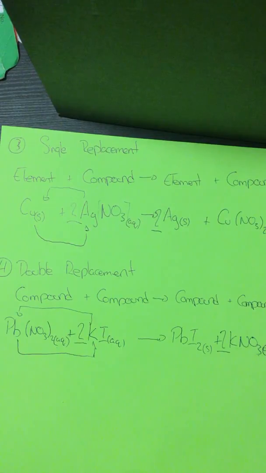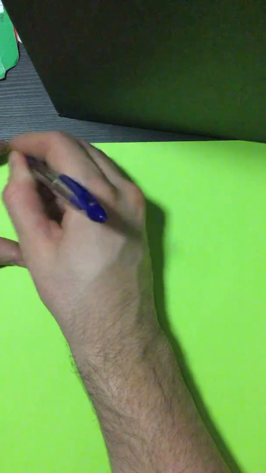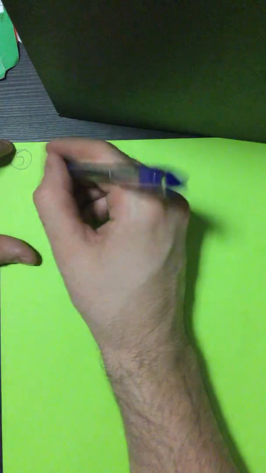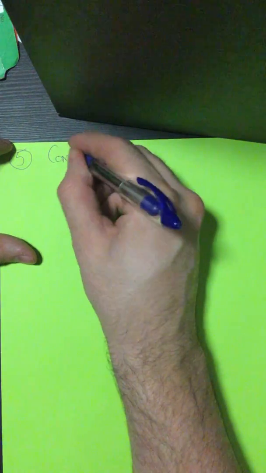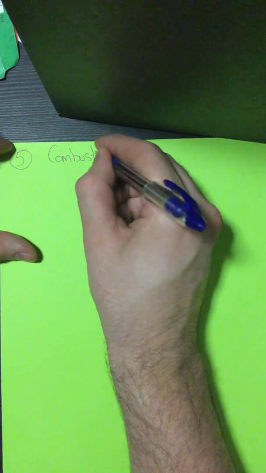The last type of reaction we're going to discuss is going to be a combustion reaction. Now, combustion reactions are kind of tricky, but they don't have to be. A combustion reaction is always made up of the same 4 components. So you need something to burn, you need oxygen.